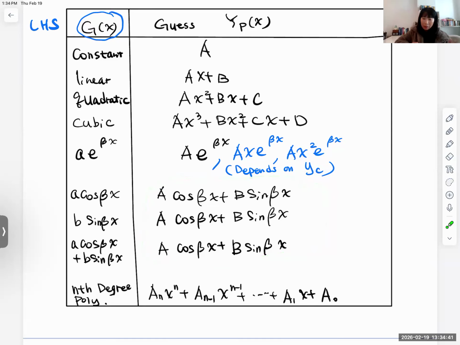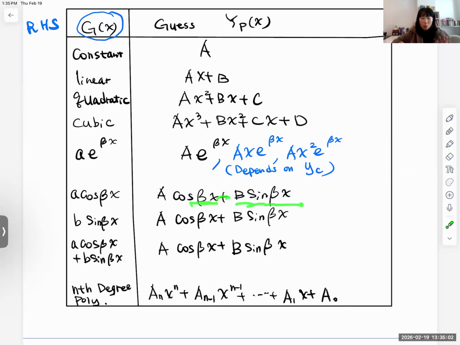Now everything is the same for the right-hand side. Sorry about that. The right-hand side from the equation will be A cosine beta x plus B sine beta x.